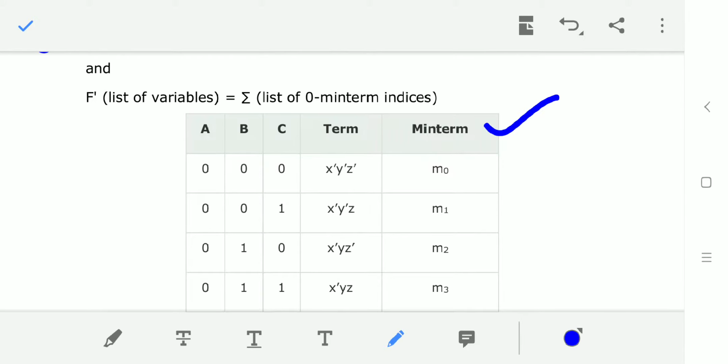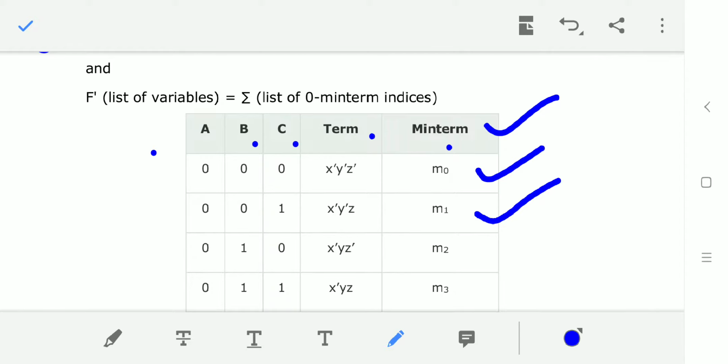See this in table form. The A, B, C terms, and this is the minterm. If A, B, C are all 0, then this is M0. If A is 0, B is 0 and C is 1, then this is M1.